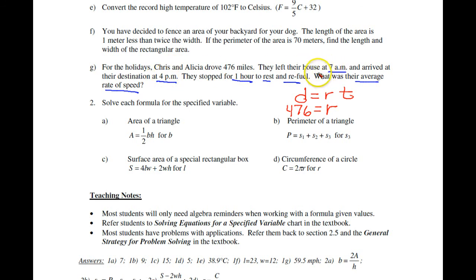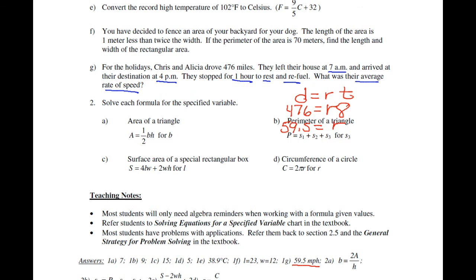So we have 7, 8, 9, 10, 11, 12, 1, 2, 3. It looks like 8 hours. So we use our trusty calculator and we divide both sides by 8. We get R equals 59.5 miles per hour, right down there. Very good.